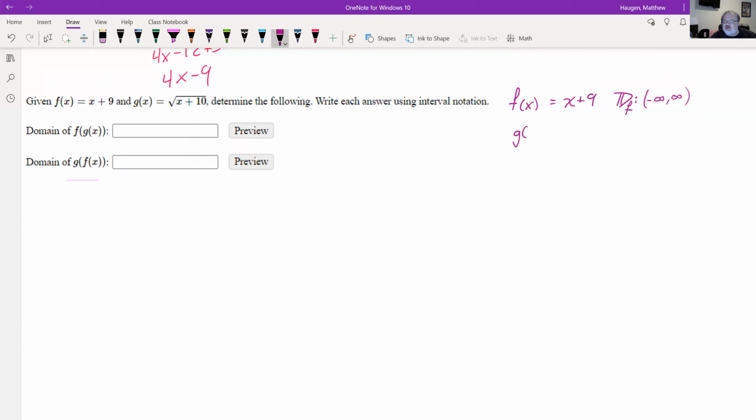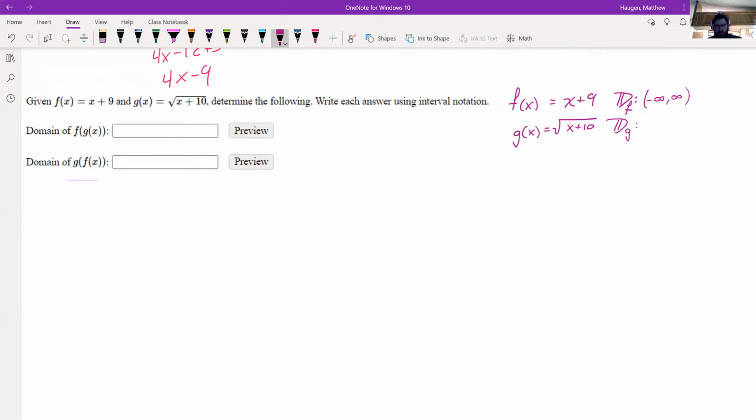When we look at g, it's square root of x plus 10. What's the domain just all by itself for g? Can you take the square root of 0? What's the square root of 0? Like 0, isn't it?